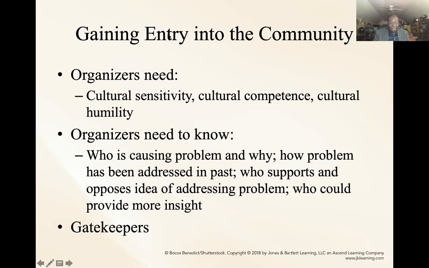Okay, the gatekeepers. As with any community, you have the elders, people that others look to whenever there is a problem. They go to those people for assistance. The pastors or religious organizations, the priests, because they are also part of the community.